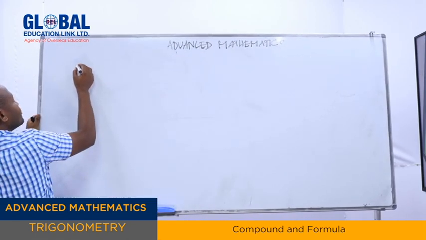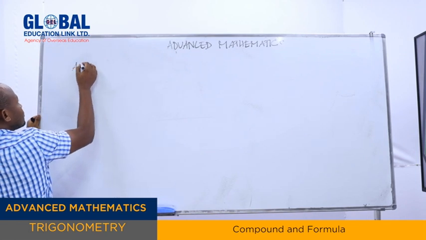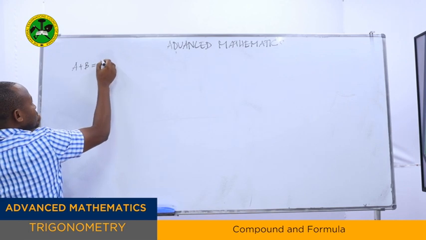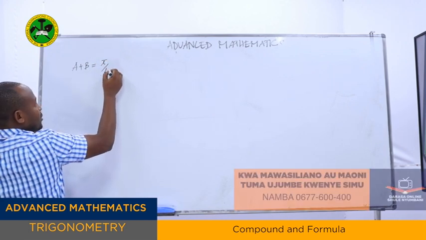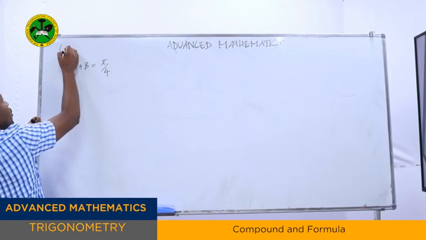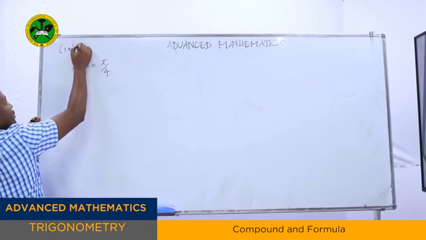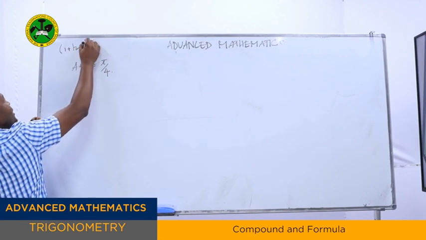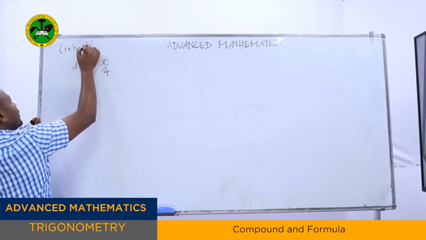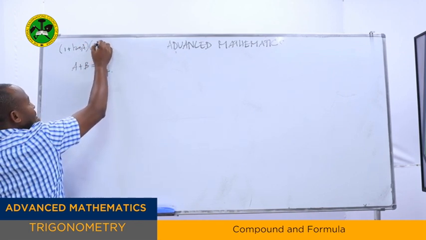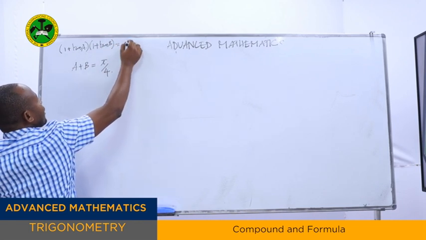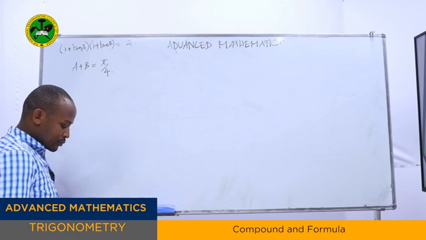Okay, we have a plus b is equal to pi over 4. And we are told to prove that 1 plus tan a, oh, it's tan a there, sorry, times 1 plus tan b equals to 2.